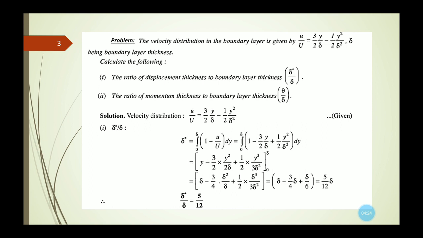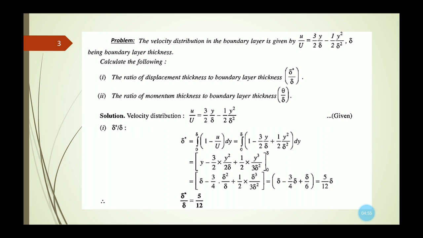Then we do the integration within the limits 0 to delta, and after putting the limits we get the value as 5 delta by 12. That is the value of displacement thickness in terms of boundary layer thickness. So the ratio of displacement thickness to boundary layer thickness is 5 by 12.